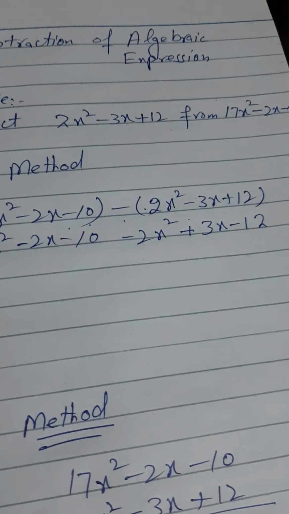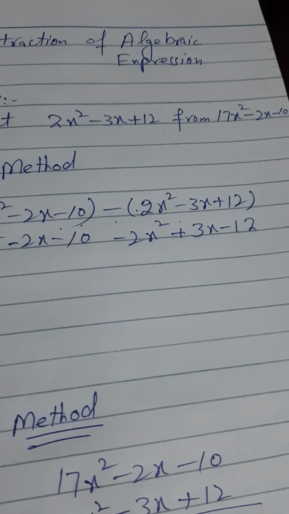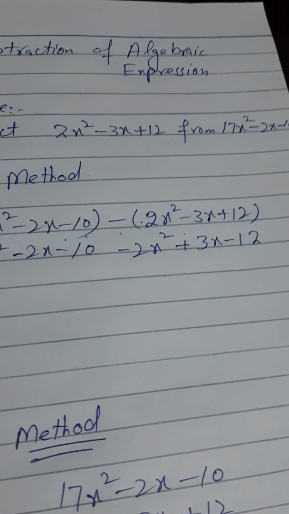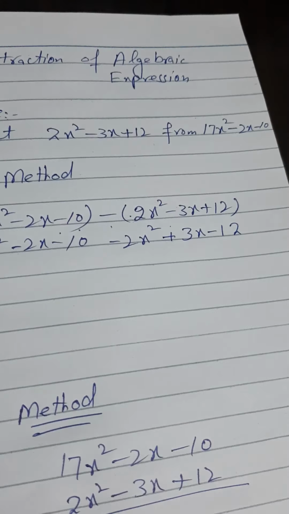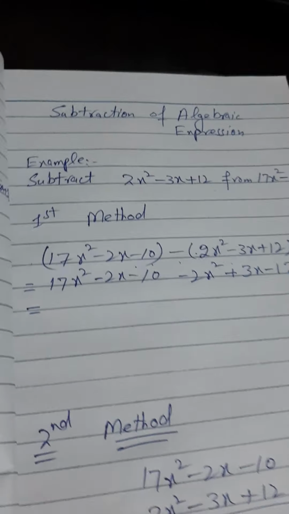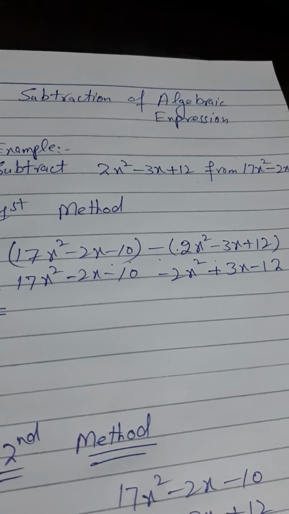Clear? So the second step in subtraction is that we have to change the sign of all terms written within the bracket after subtraction. The next step is common, just like addition.